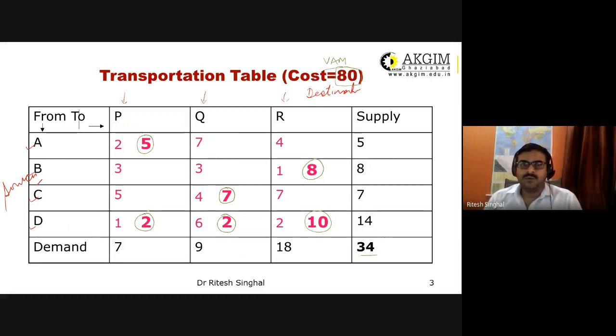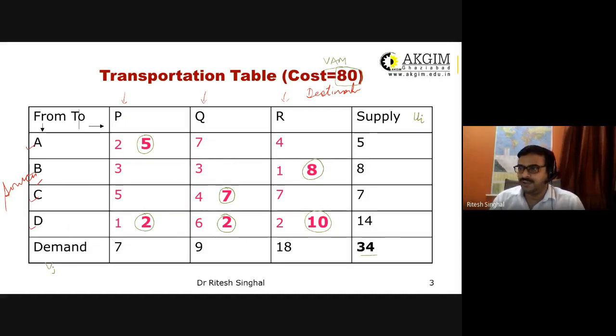Now first we have to check whether this particular solution is optimal or not. And if it is not optimal, then we have to make it optimal. So let's start. In this method, we have to add the variables Ui here and Vj here.